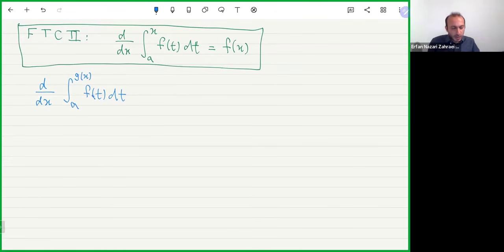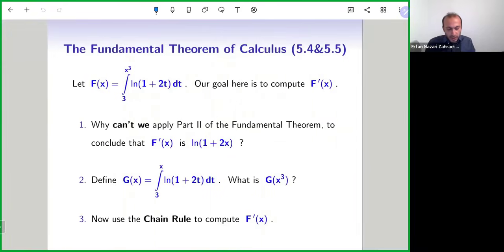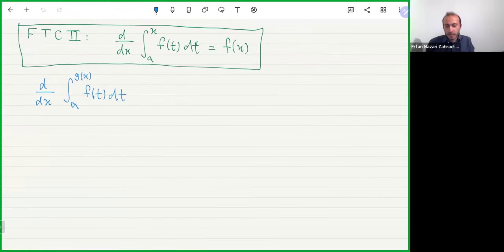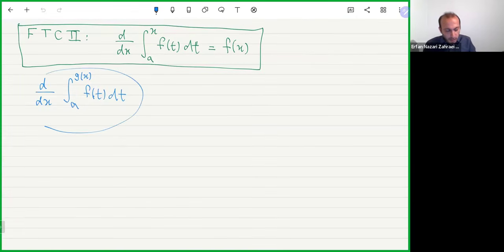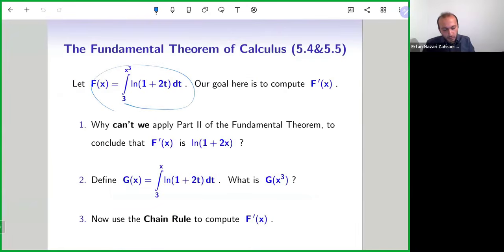Now I want to answer the question: what is the derivative of this? Note that our question is a special case of this. This is our f function, and this is a constant. And here, instead of x, I have x cubed, a function of x. So let me do the computation in the general case and then find a formula that I can use for this.